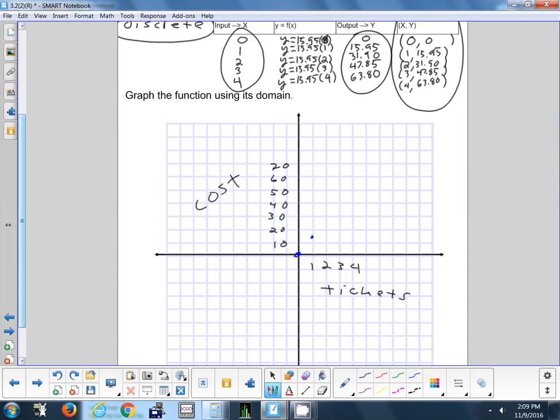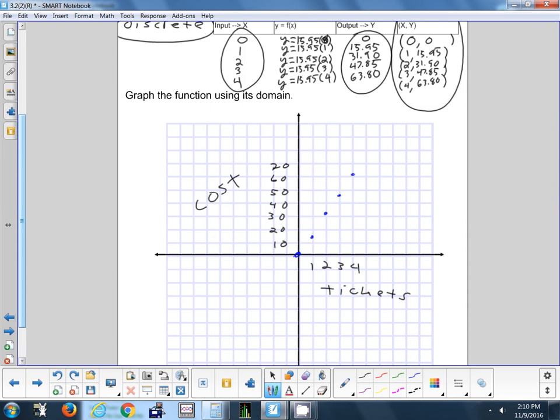All right, so a little above 30. How about 3 tickets? $47.85, just going to estimate it. And how about 4 tickets? $63.80. Okay, does it look like those points are in a line?